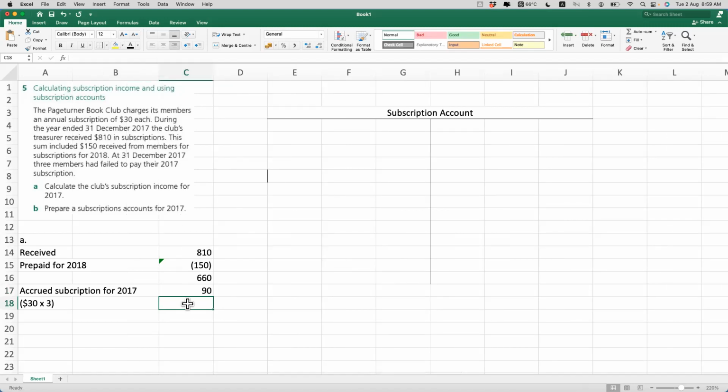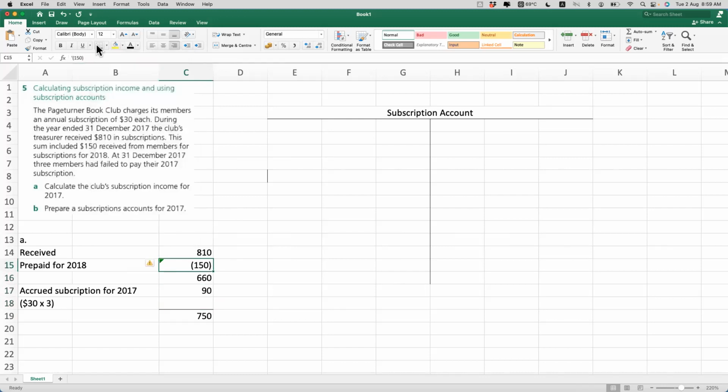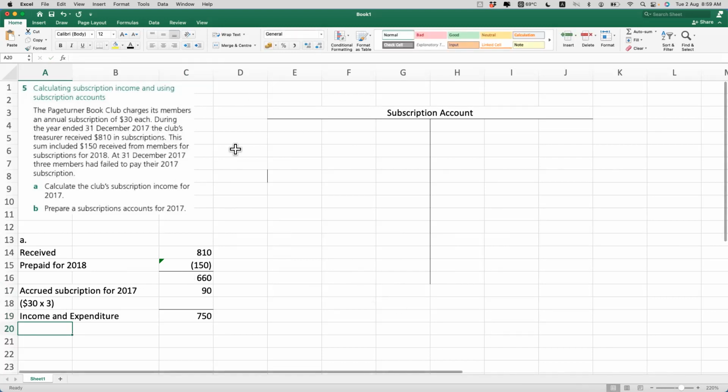So once you add them together, you should get 750. So this is how much you should receive for the year. Expenditure. So those are your subscription account for your subscription income.